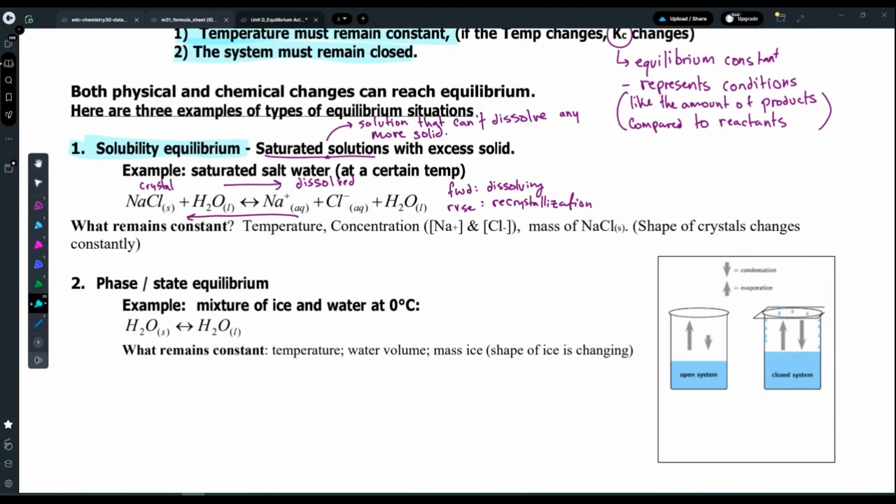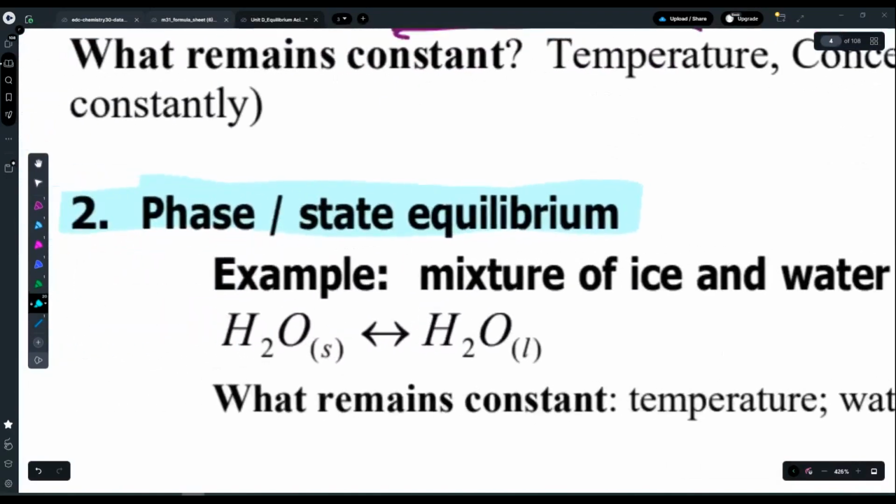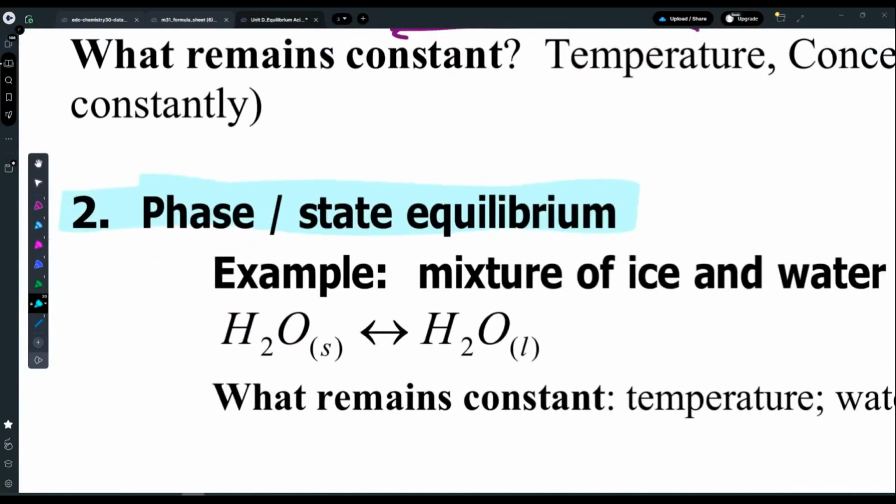Another example of an equilibrium situation would be phase or state equilibrium. For example, we have a mixture of ice and water at 0 degrees Celsius. The forward process would be melting, because we're going from solid water to liquid water, so ice to liquid water.